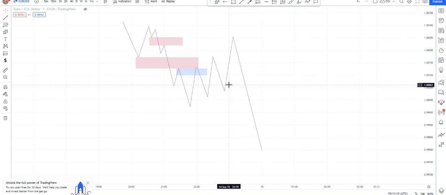So now the takeaway from this is that all the previous imbalances left when the price is rushing down in a trend are not useful until price takes out major liquidity, that is, pushes its way back into one of the old imbalances.